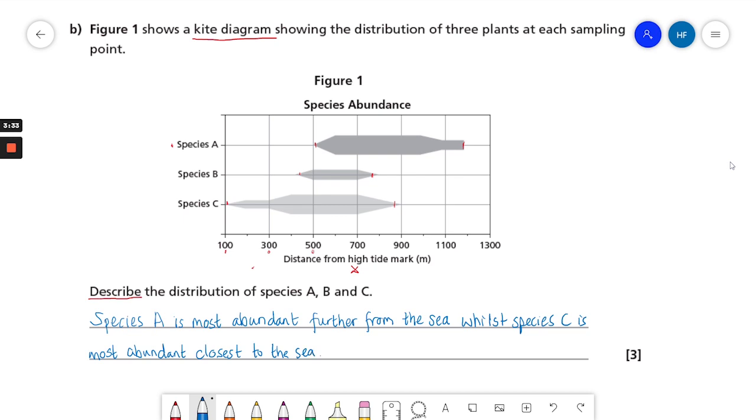Now we just need to mention species B. So if we write species B is most abundant between species A and C.